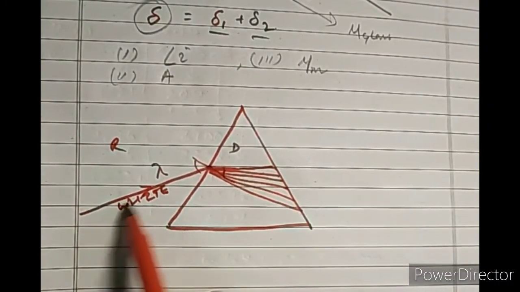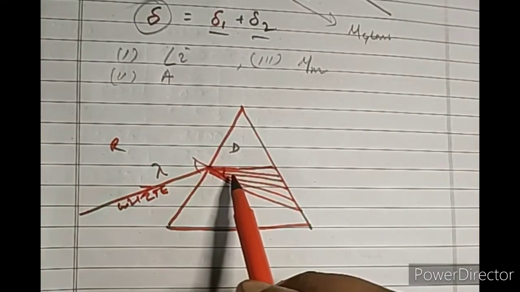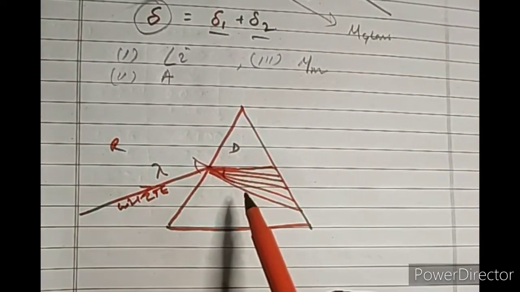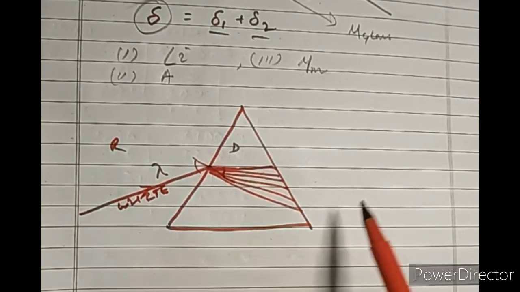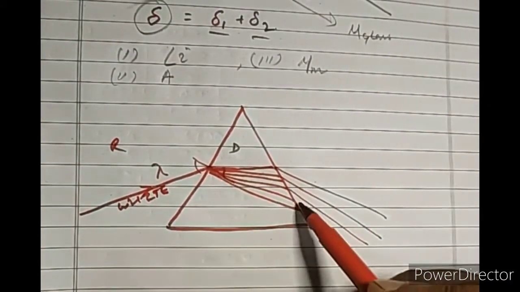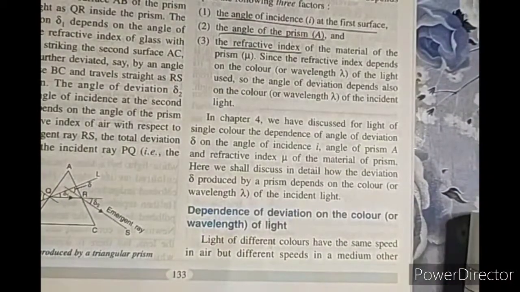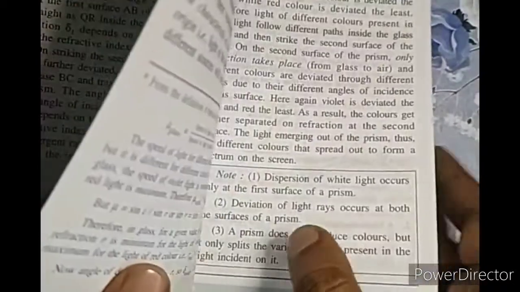When the light was coming as white light, all the colors were together, but when it bends, different wavelengths bend at different angles. So then individually they are bending, like this.